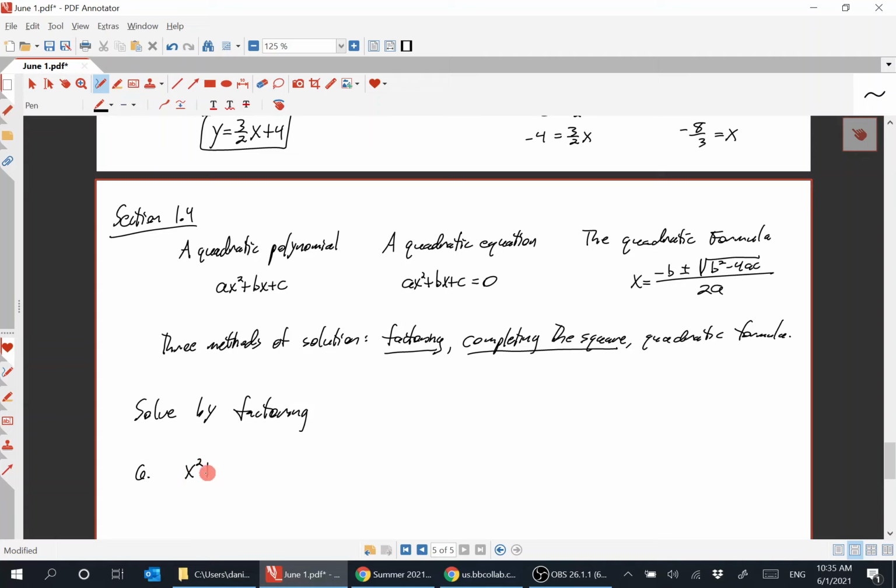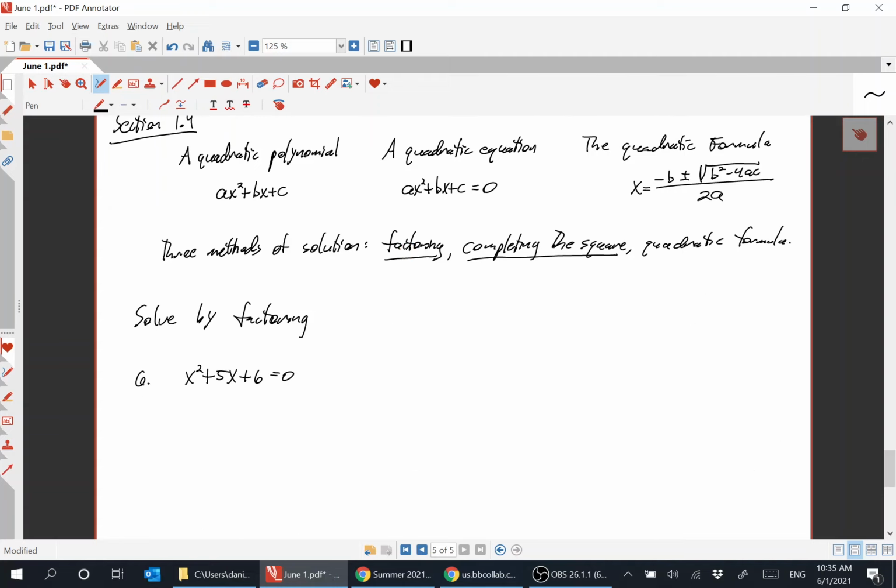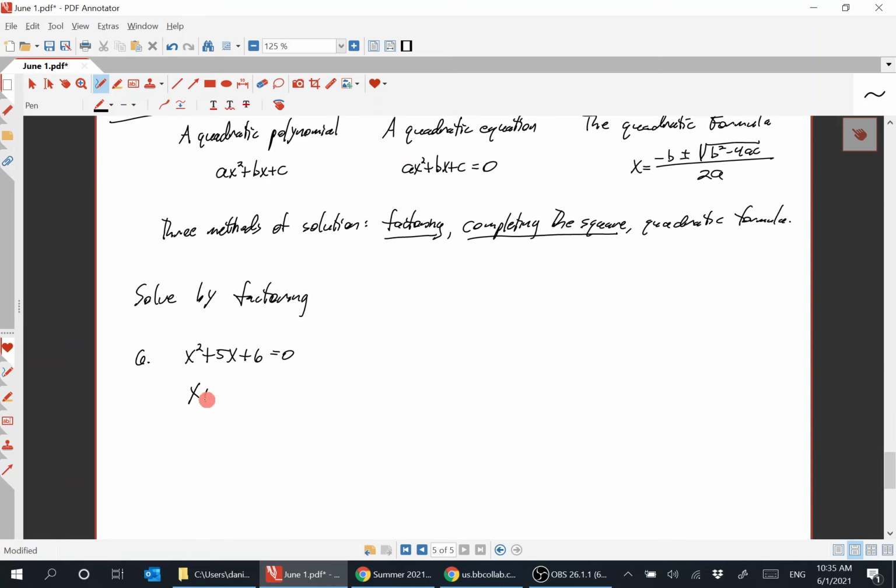All right, so this one factors. It's x plus 3, x plus 2 equals 0. Right, so you have a product equal to 0.